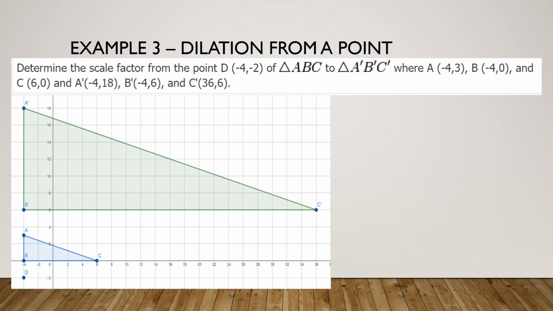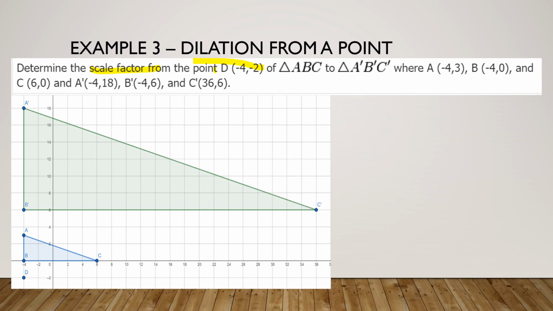So now if we want to find the scale factor, we have both of the points, but we want to know what that scale factor is. And again, it tells us from point D. We're going to set it up as a proportion.